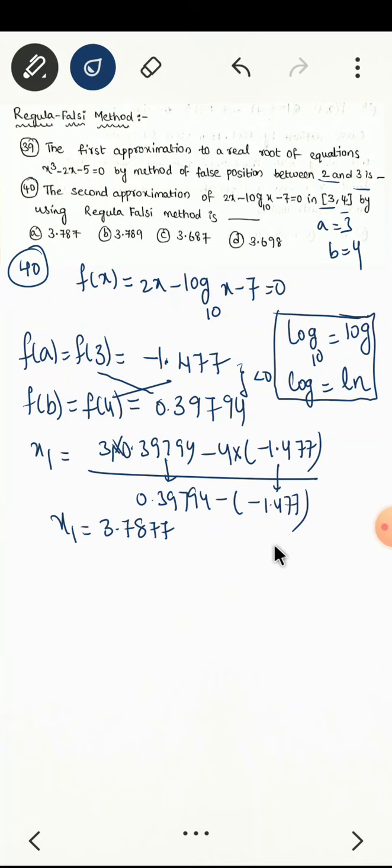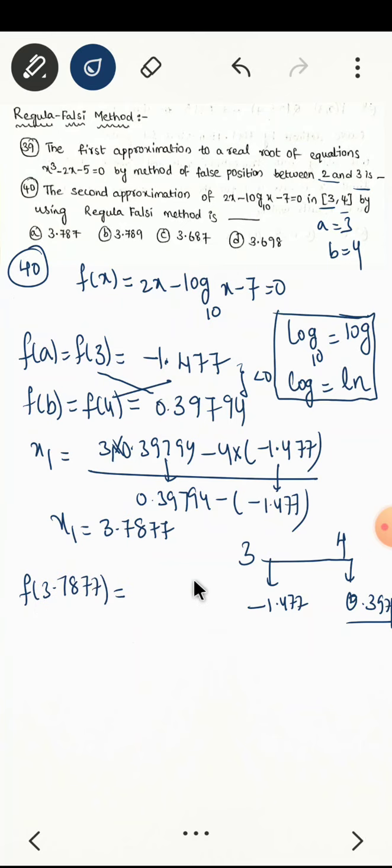Now draw the table, the chart, as you people know: 3 and 4. For 3 I am getting minus 1.477, for 4 I am getting 0.39794. Then let us find f of 3.7877.